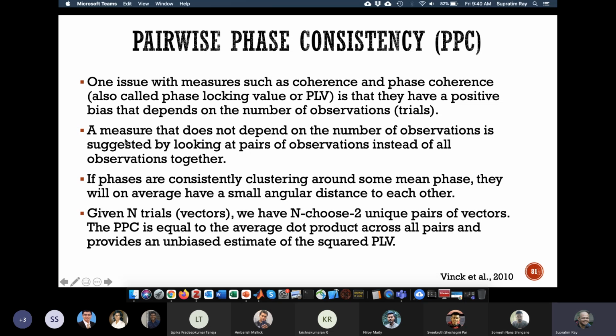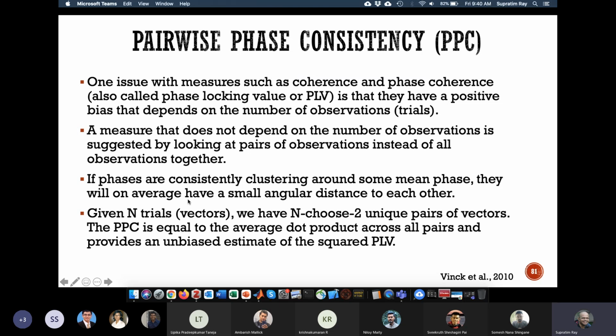So one issue with measures such as coherence and phase coherence is that they have a positive bias that depends on the number of observations, on the number of vectors that you have. So the idea in PPC is that you look at a measure that does not depend on the number of observations, and you do that just by looking at pairs of observations at a time instead of all the observations together.